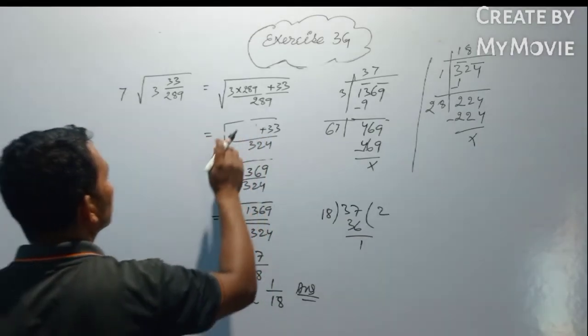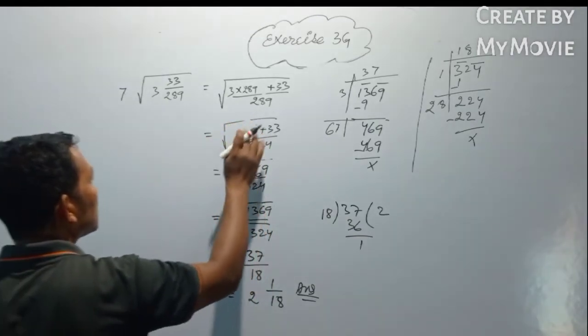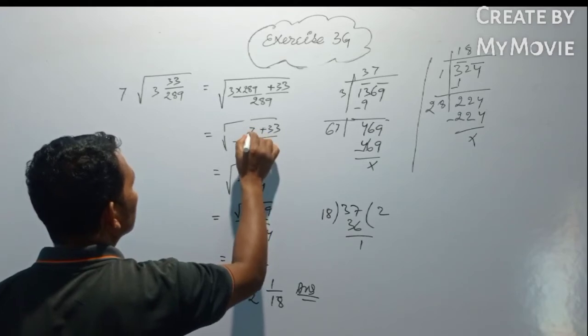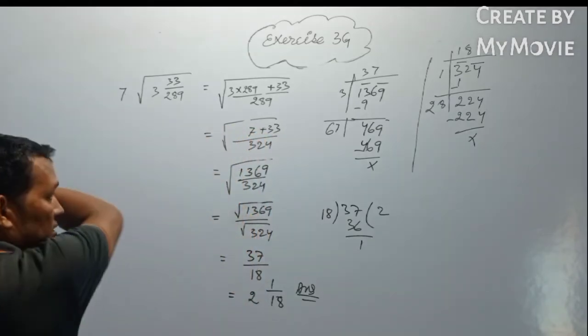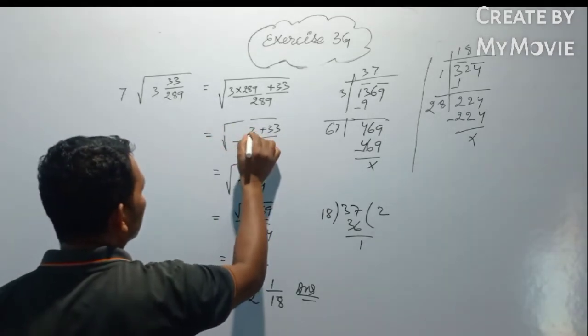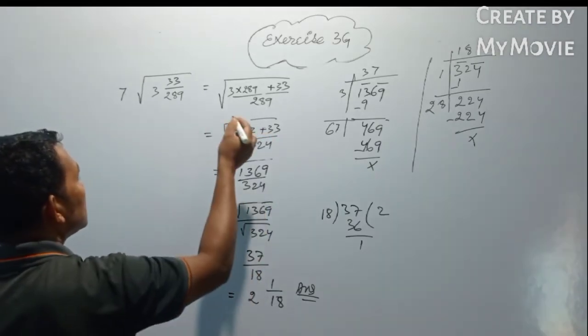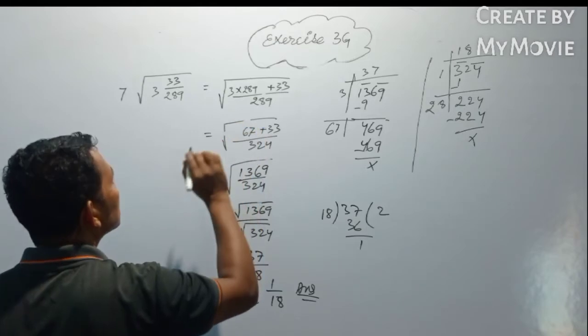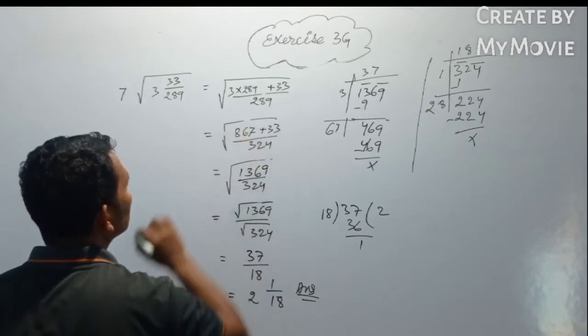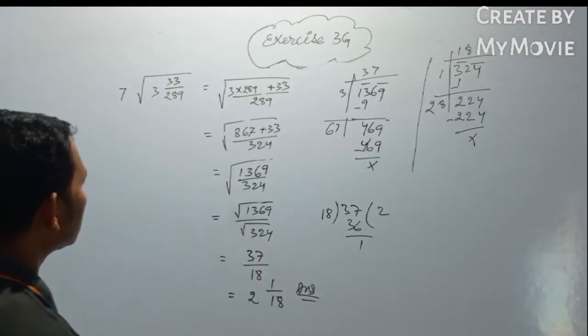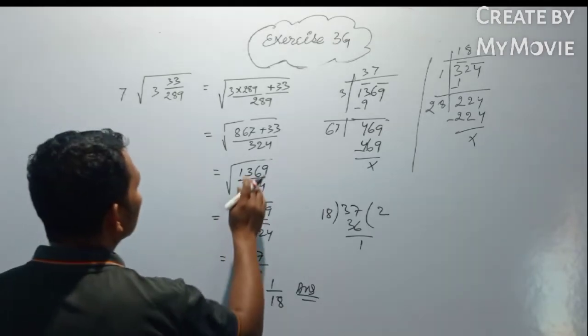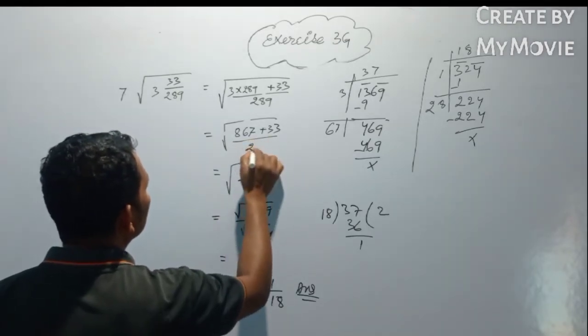This will be equal to 9 3s are 27, 8 3s are 24, 24 plus 2 is 26, 3 2s are 6, 6 plus 2 is 8, 867 plus 33 by 289.